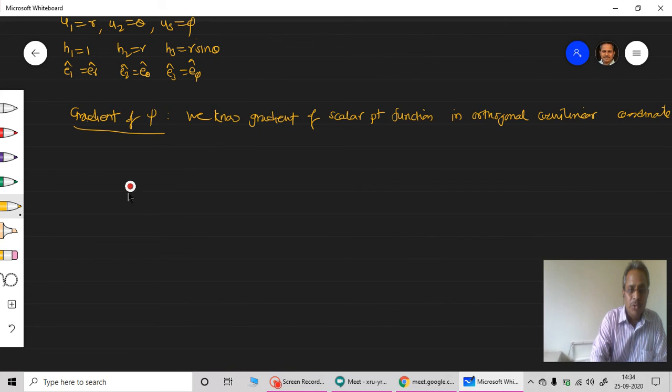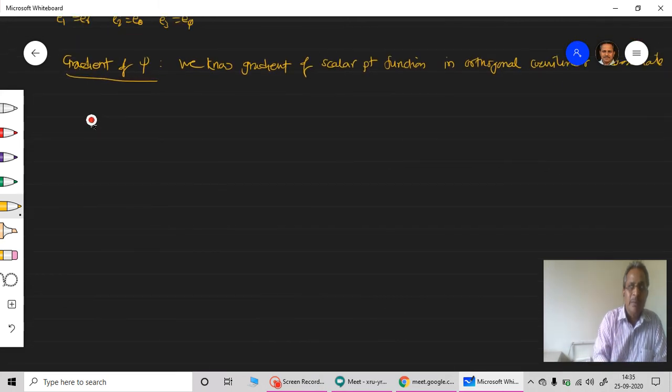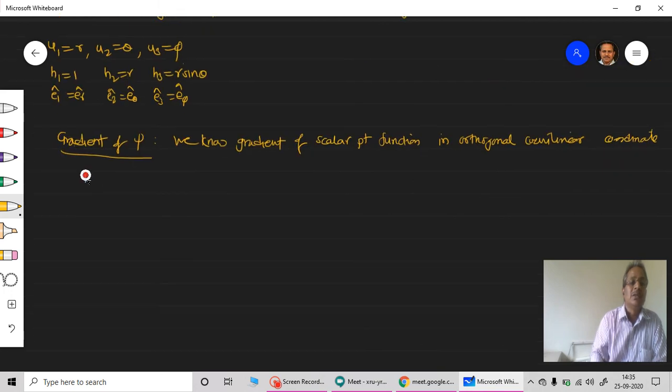Meantime if you want you can go for length element, surface element and volume element too. Out of that we have already checked the volume element for the spherical polar coordinate system, so we are not repeating this part here. And in this list one more component remains, the components of the vectors. In this case F1 is F r, F2 is F theta and F3 is F phi.